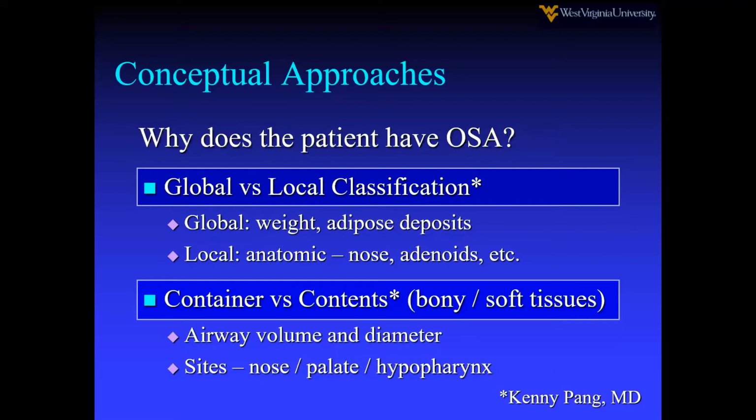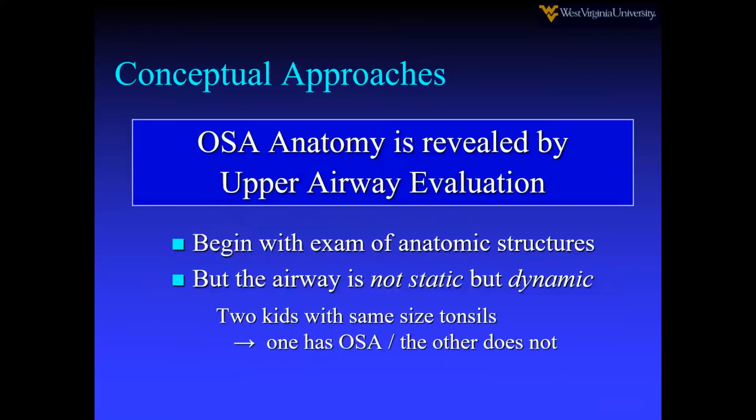In the local classification, you're looking at anatomic abnormalities. And then he says, look at the container versus the contents, the bony skeleton and the soft tissues, because the best you can be is with the bony container. And if that's limited, then that's going to limit your airway volume. And then you look at the sites, which we just talked about.